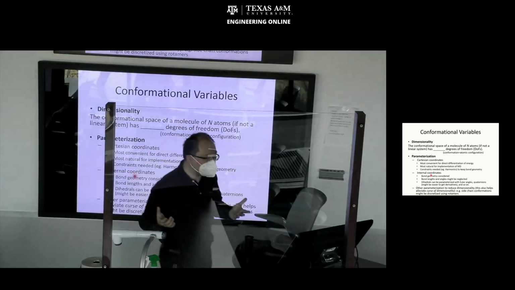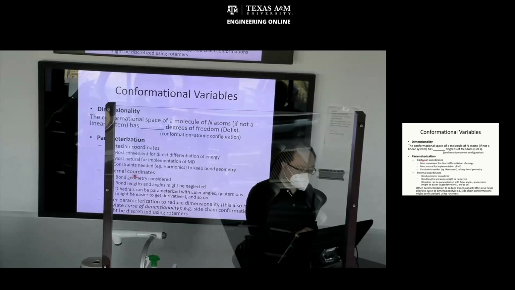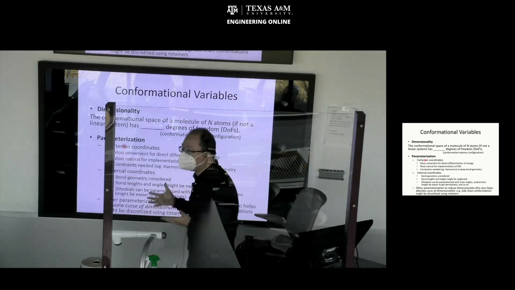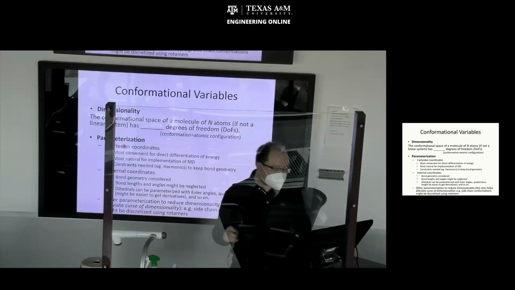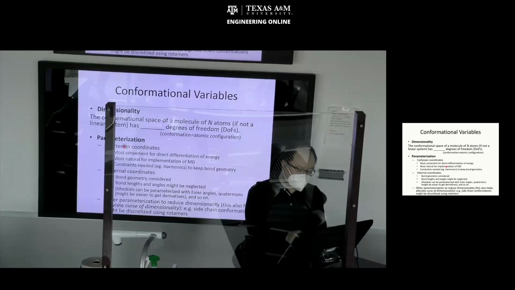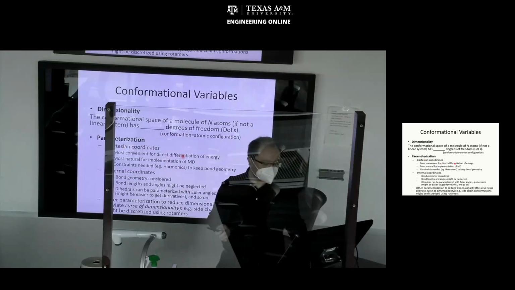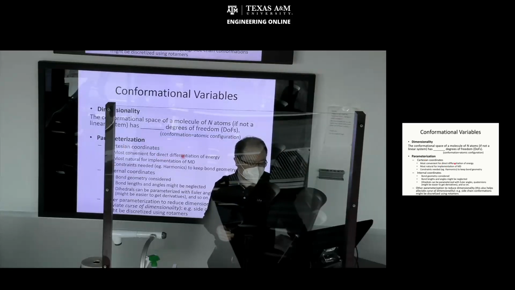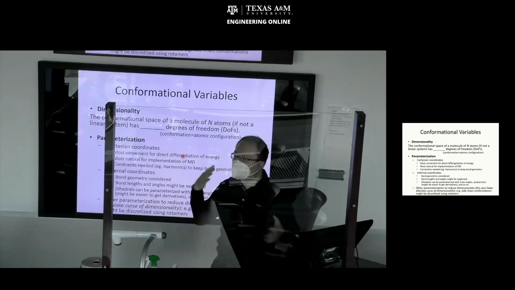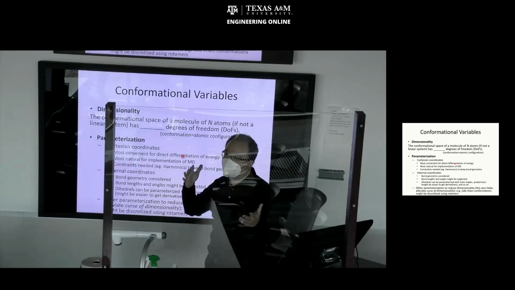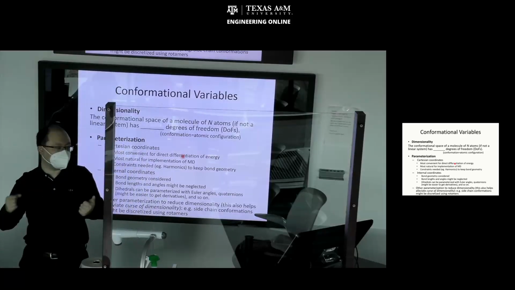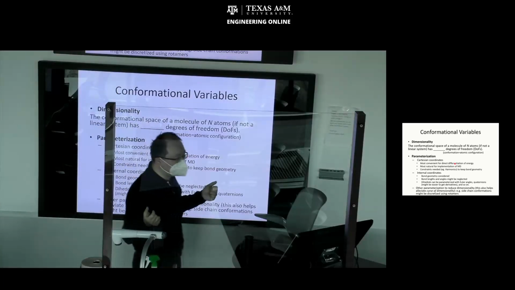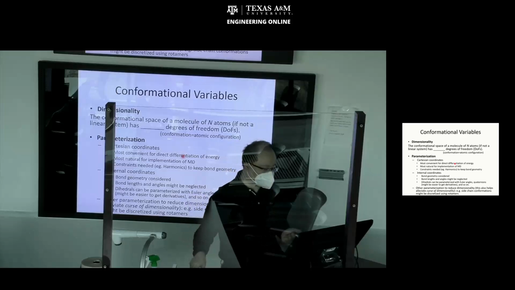So for instance, you could parameterize the search space using 3 times n Cartesian coordinates, even though you know that you have 6 redundant ones there. This is the most convenient way, and it's kind of natural when you do the molecular dynamics because you need to figure out where each atom is at any time point and then calculate the forces and potentials on each atom and atom pair and sum them together.